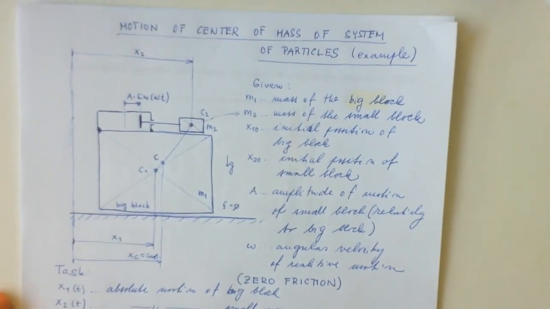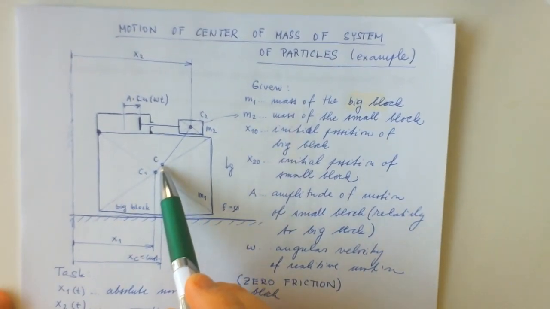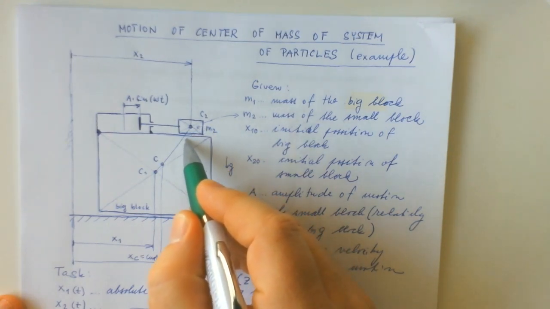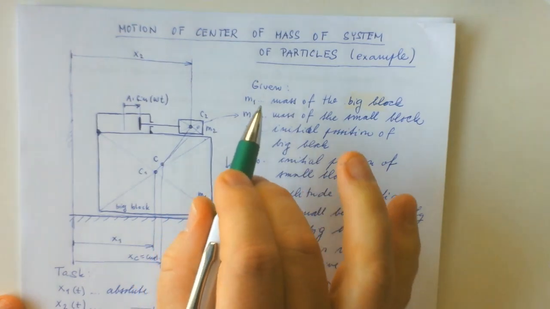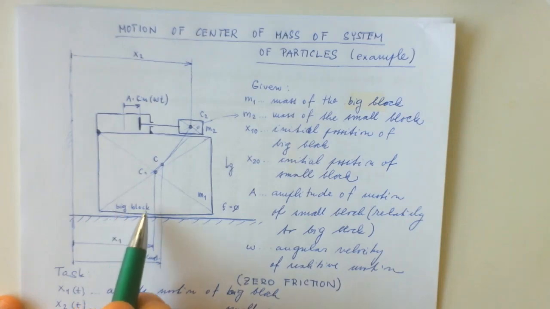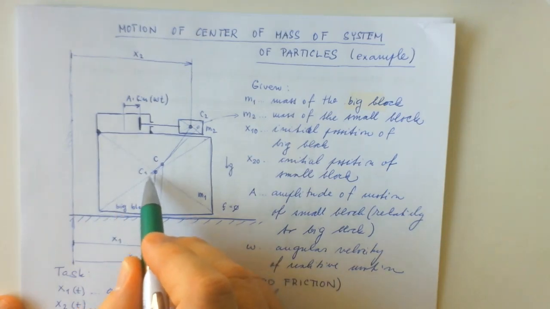But we know that the center of mass keeps the same position, and mass m2 is moving right, so the big block m1 must move left.